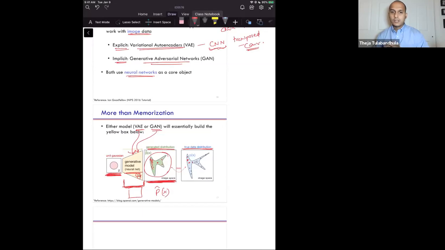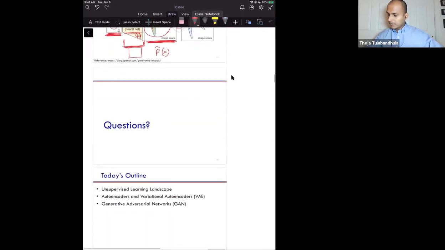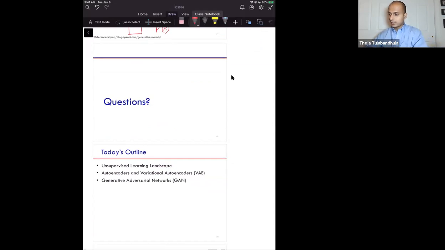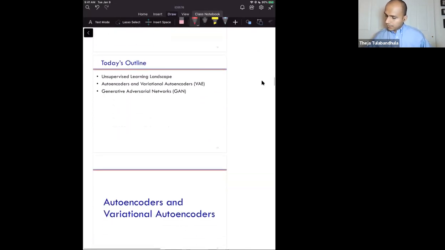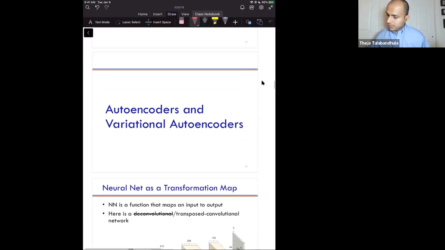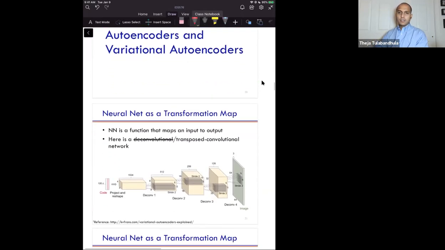Okay, so welcome back. Now we're going to look at autoencoders and variational autoencoders. Before we understand, I'm going to talk about the architecture of an autoencoder in a moment.